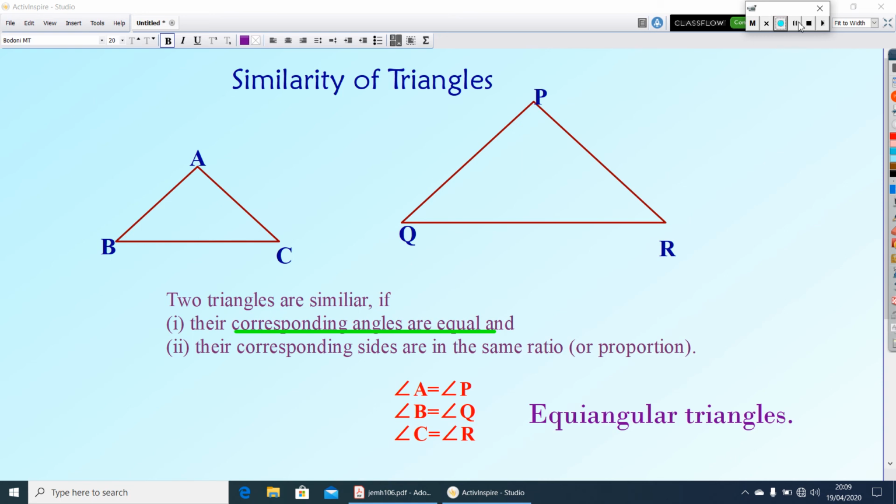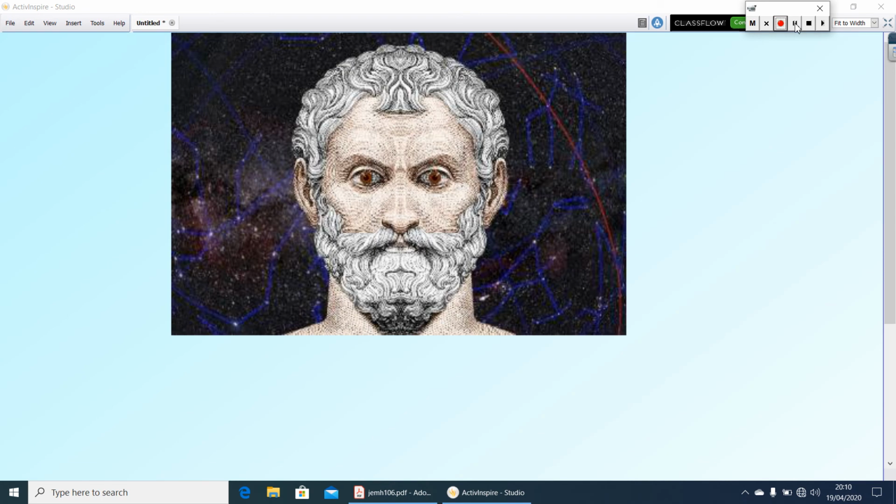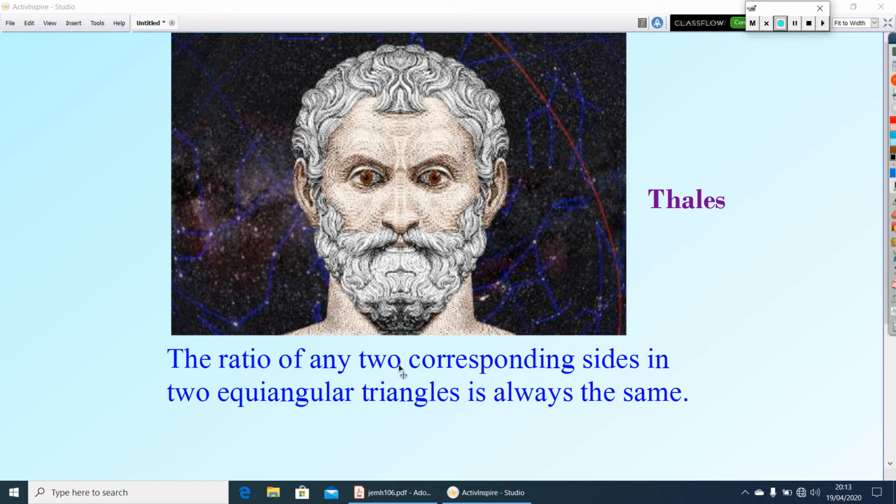There is a famous result on these equiangular triangles. The famous Greek mathematician Thales gave an important truth relating two equiangular triangles, which is as follows. The ratio of any two corresponding sides in two equiangular triangles is always the same.